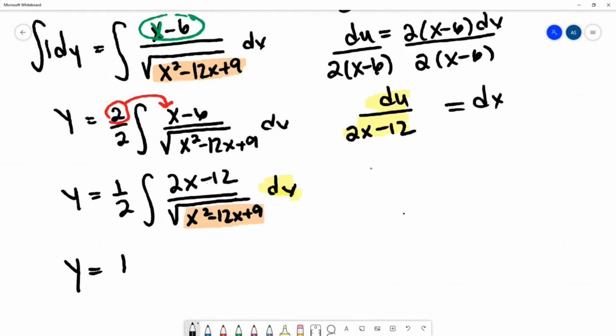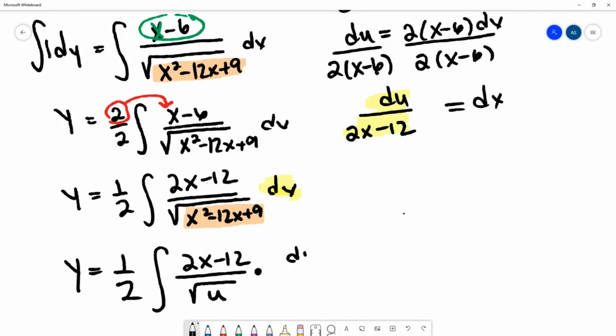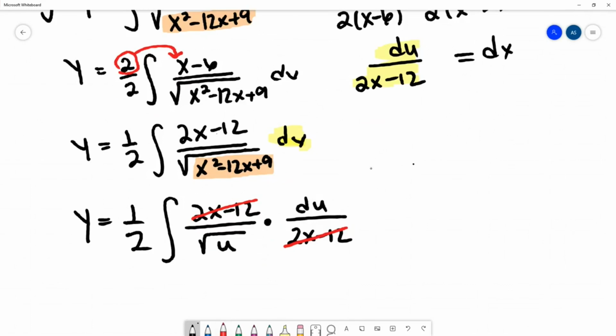This gives y equals 1/2 the integral of (2x minus 12) over the square root of u times du over (2x minus 12). This cancels out the 2x minus 12. And I have y equals 1/2.